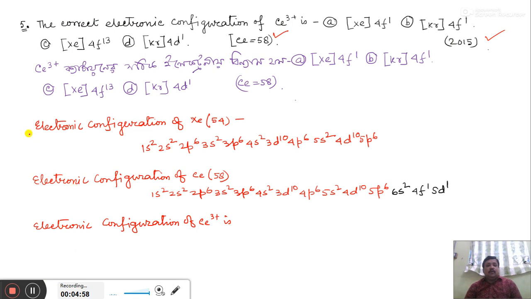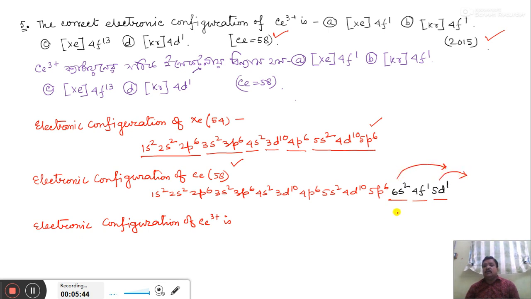Now we know the electronic configuration of xenon is 1s2 2s2 2p6 3s2 3p6 4s2 3d10 4p6 5s2 4d10 5p6, with atomic number 54. Cerium has atomic number 58, so 4 electrons are added, and these come into 6s2 4f1 5d1.